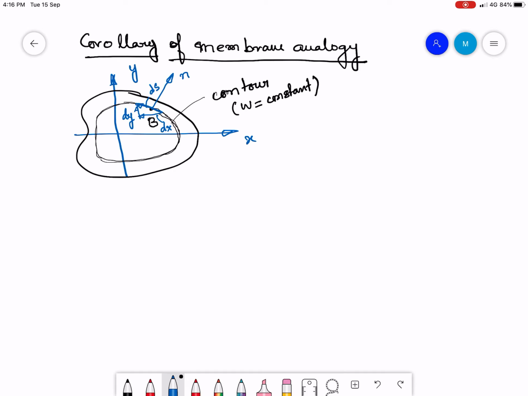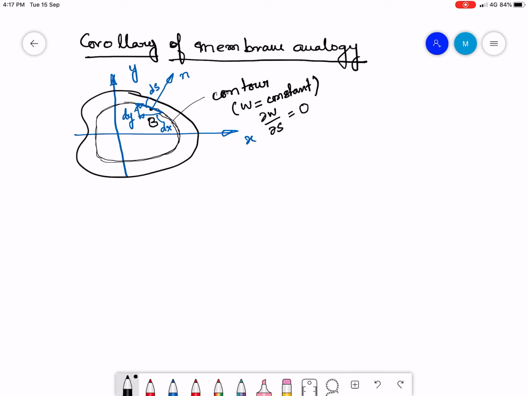Okay. Now, W is constant, which can also be said as del W by del S, S being the tangential coordinate, is equal to 0.